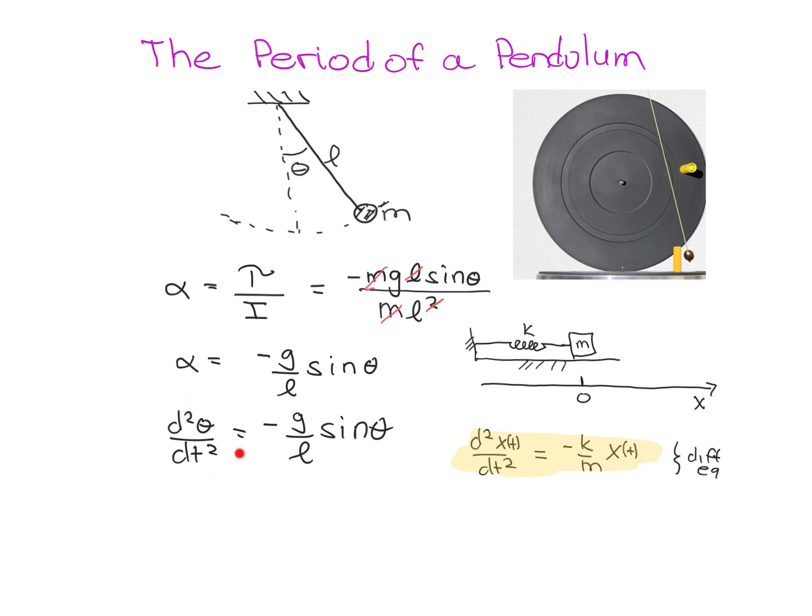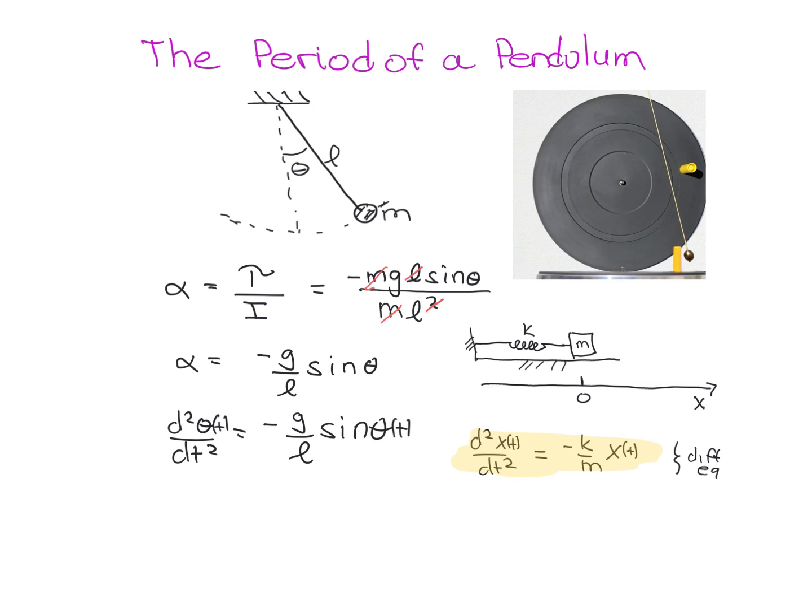So we've got a second derivative on the left, and then we have minus some constant. It's not quite the same. This is theta of t here. So the problem is that we've got not just theta of t here, but sine of theta of t. Bummer. They're not quite the same, but not to worry.